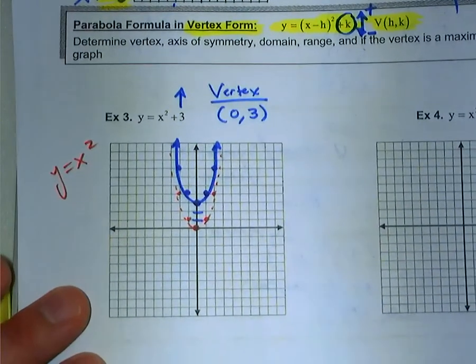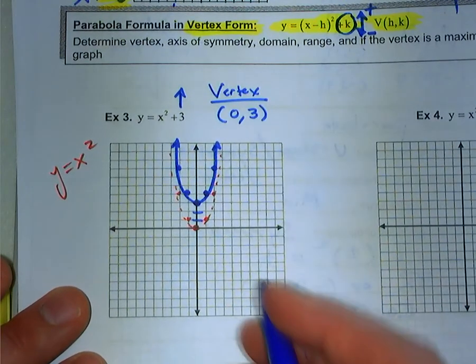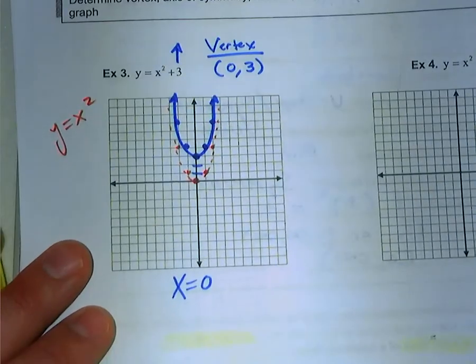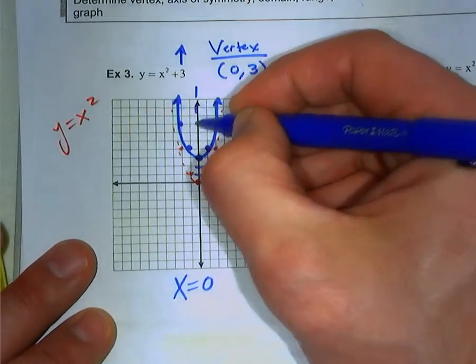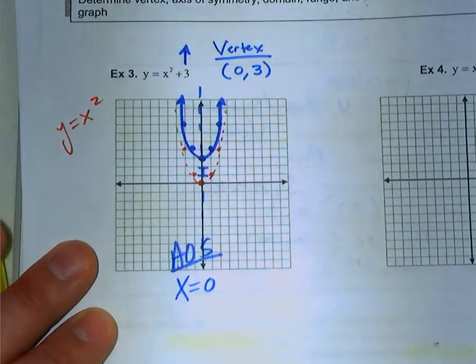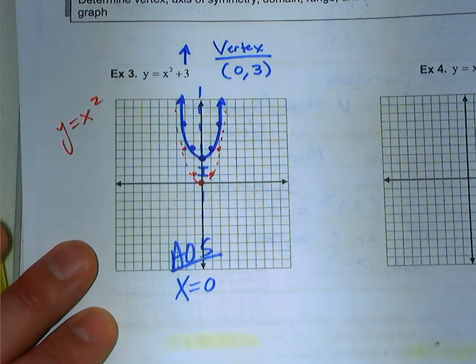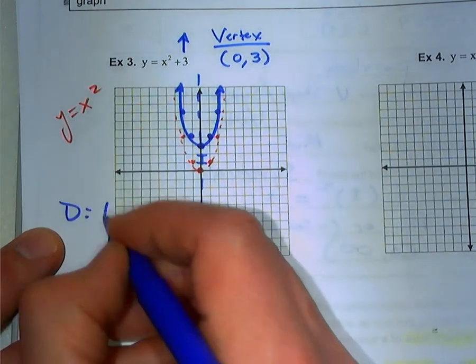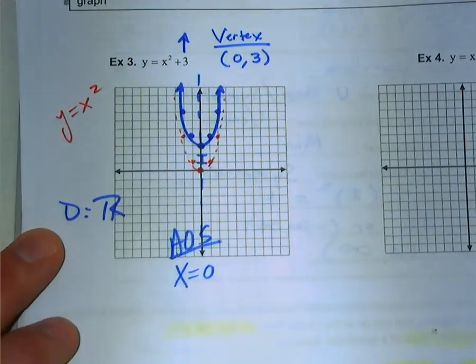Okay. All right, this guy does have an axis of symmetry. The axis of symmetry is 0. It goes right through it. That's our AOS. And you know your domain and range, right? Domain, fancy R, or negative infinity to infinity.